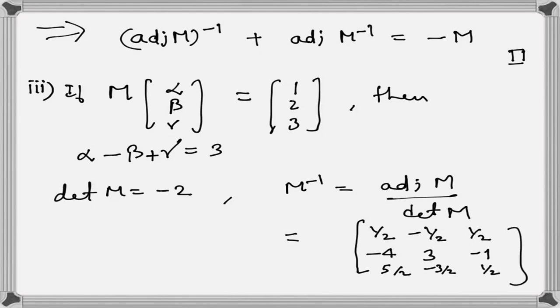So this is the M inverse, right? Now let's use this relation. M times alpha beta gamma is equal to 1 2 3.